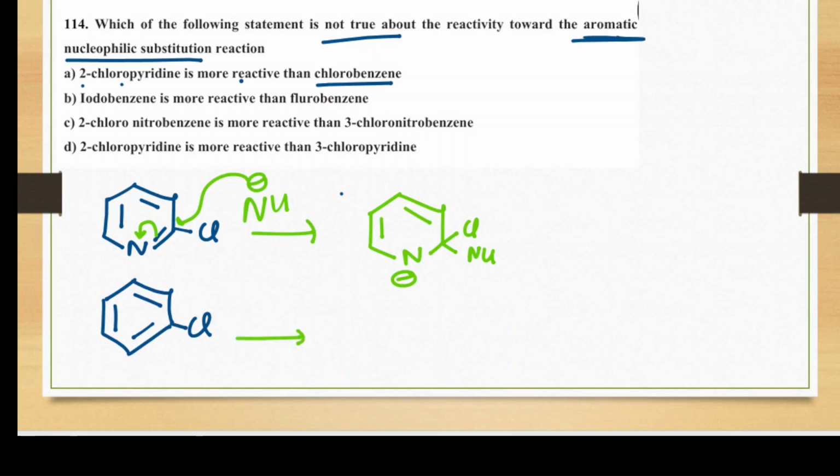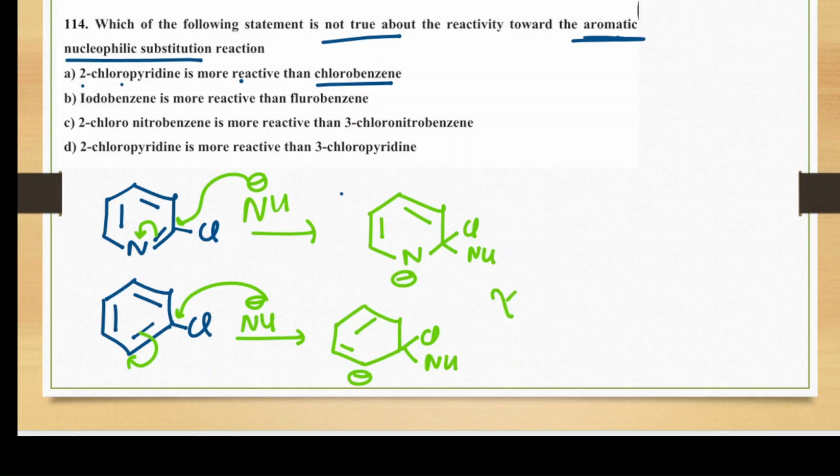Whereas in chlorobenzene, if the nucleophile attacks here, the electron density that comes is on the carbon center. You can see this species, Cl, nucleophile and these double bonds, so the negative charge is formed over the carbon center.